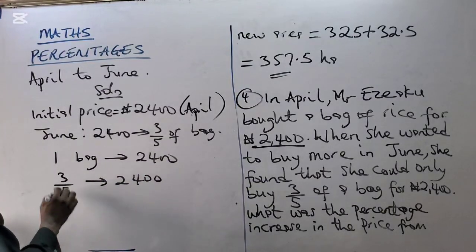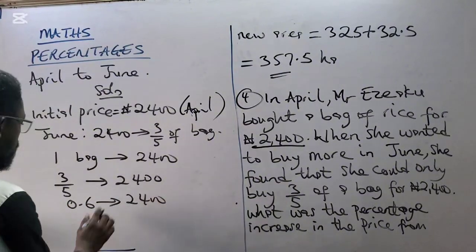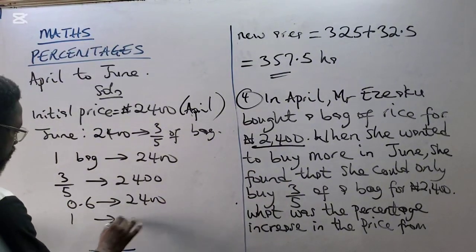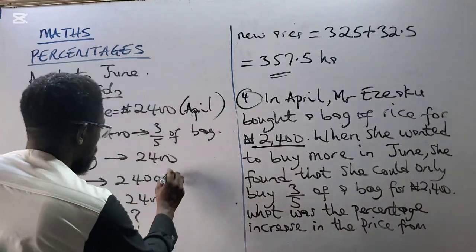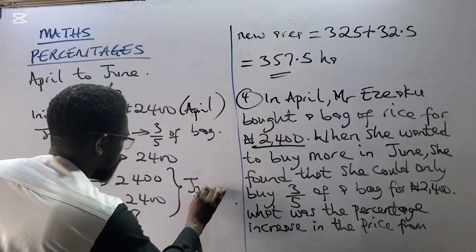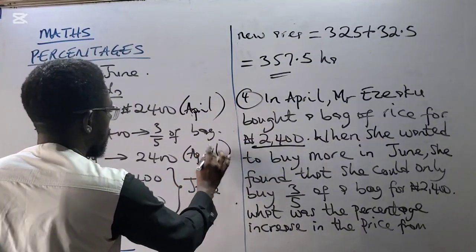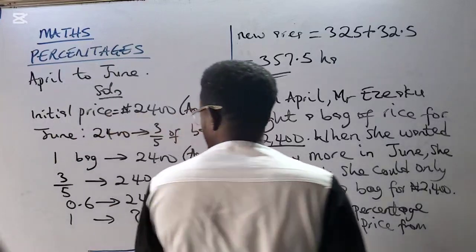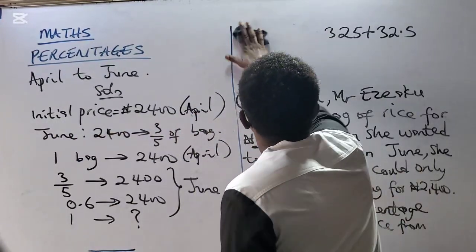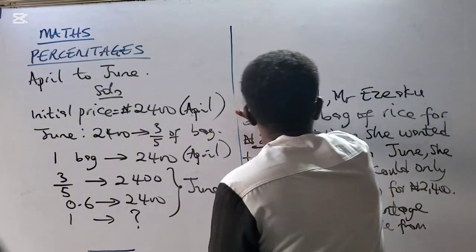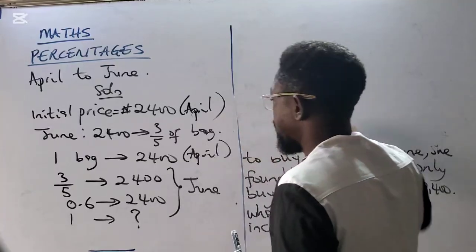3/5 is simply 0.6. 0.6 is 2,400. So one bag will now be how much in this month of June? This one is the month of June. This one was for April. So what I will do is to multiply, to get the value of a bag in the month of June.